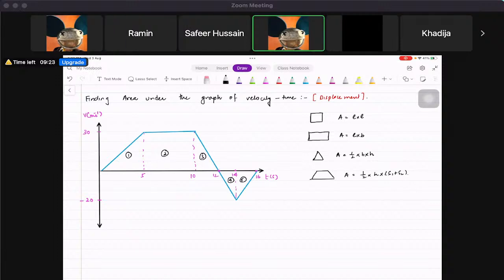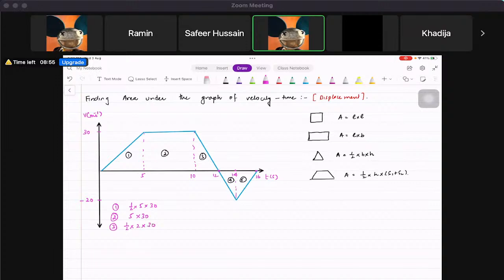Whatever you use, it's fine. For the very first section, if you break it up, this will be half times 5 times 30. For the second one, 10 minus 5 is 5, times 30. For the third one, it will be half times 2 times 30.